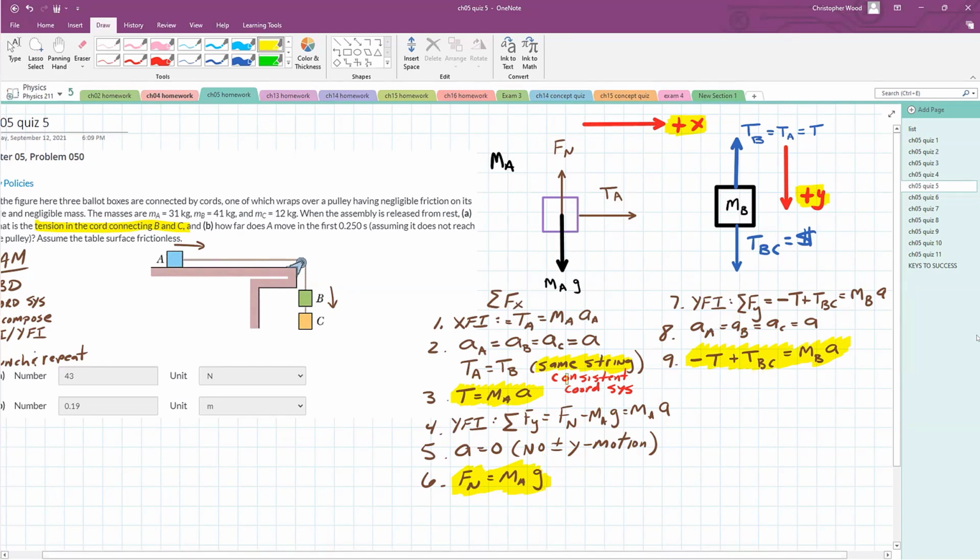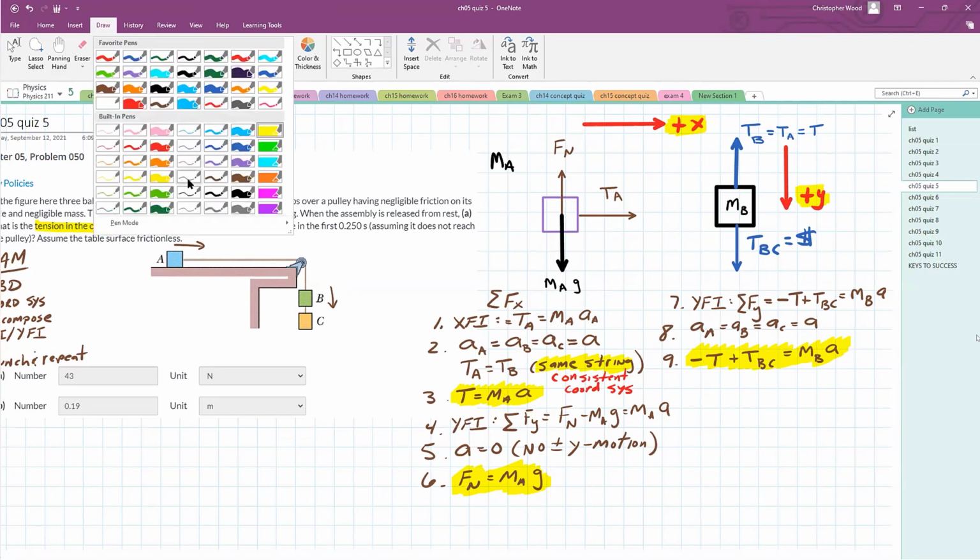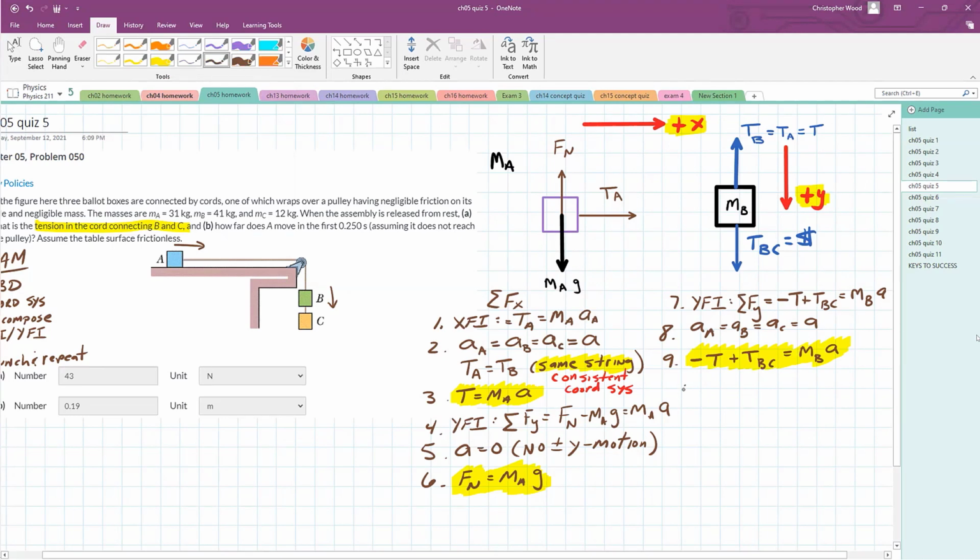Okay, let's do one more Y force inventory just because I'm taking advantage, I'm just using what I'm being given. So let's do a Y force inventory for mass C, which means it's free body diagram time.